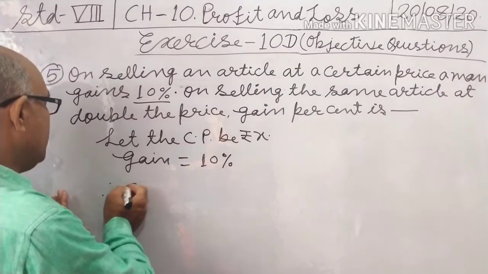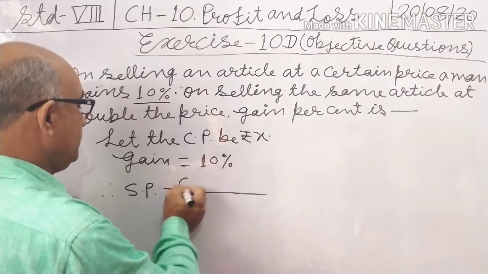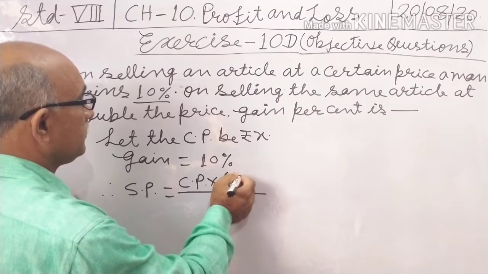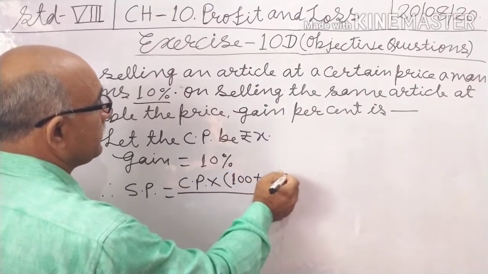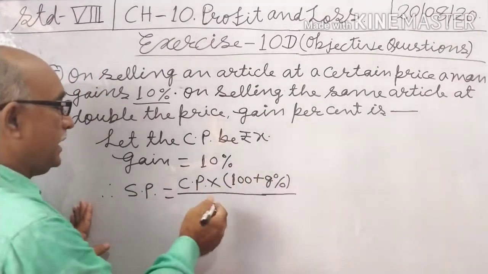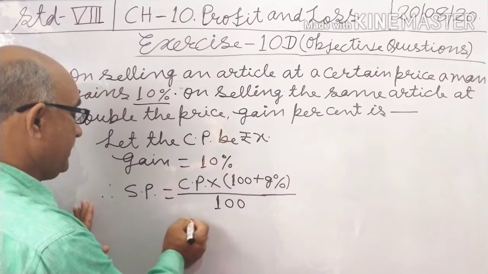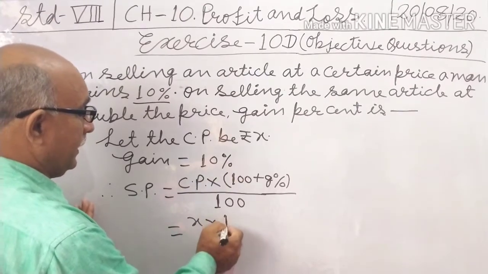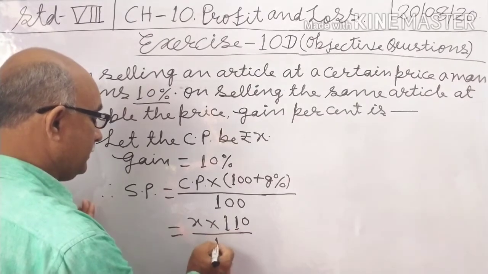So SP equal to CP into 100 plus gain percent by 100. So equal to CP x into 100 plus 10, 110 by 100.